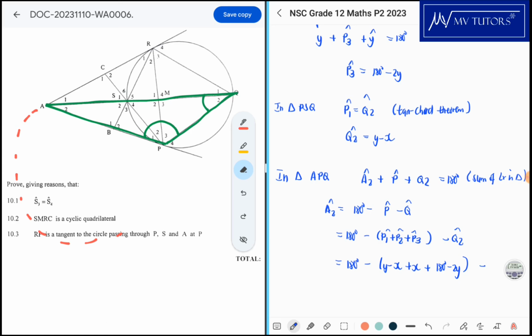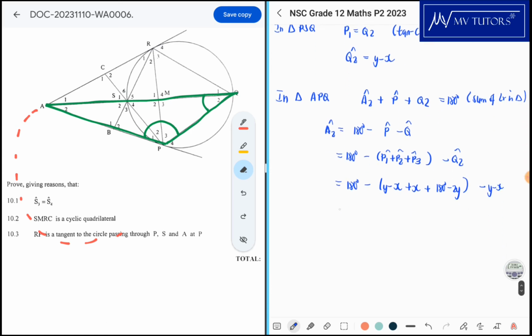And then Q2, we said it's Y minus X. Now we have 180 degrees minus. So this minus X and that X, they cancel. Y minus 2Y, I have a negative Y. And I have plus 180 degrees minus Y minus X.